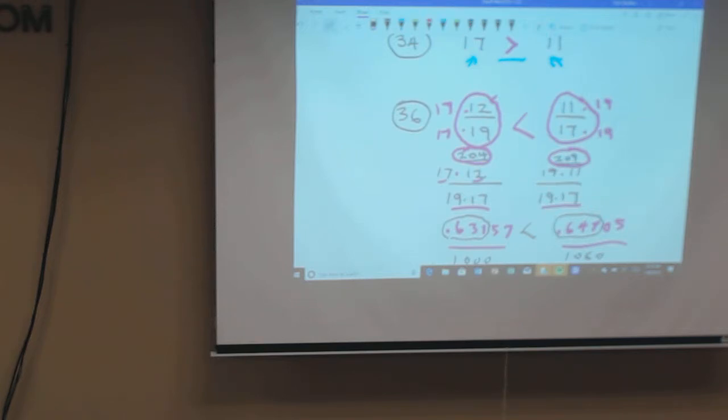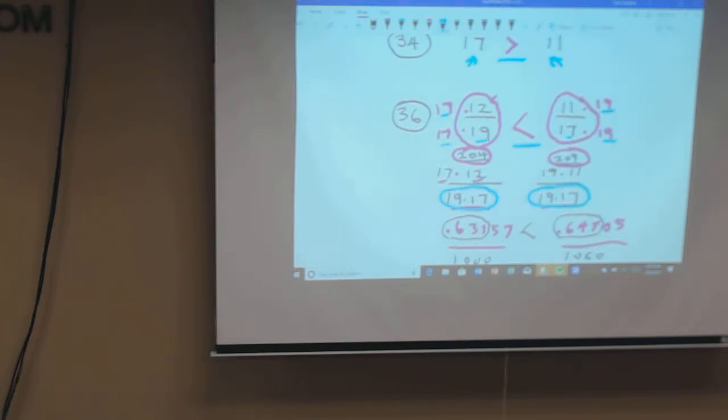Number 36. 12 over 19 and 11 over 17, and I'm supposed to figure out what to put in the middle. So how do I do that? Easy. I say 19 and 17, so I take this times 19, and I take this times 17, and then that gives me this new common denominator. See that?